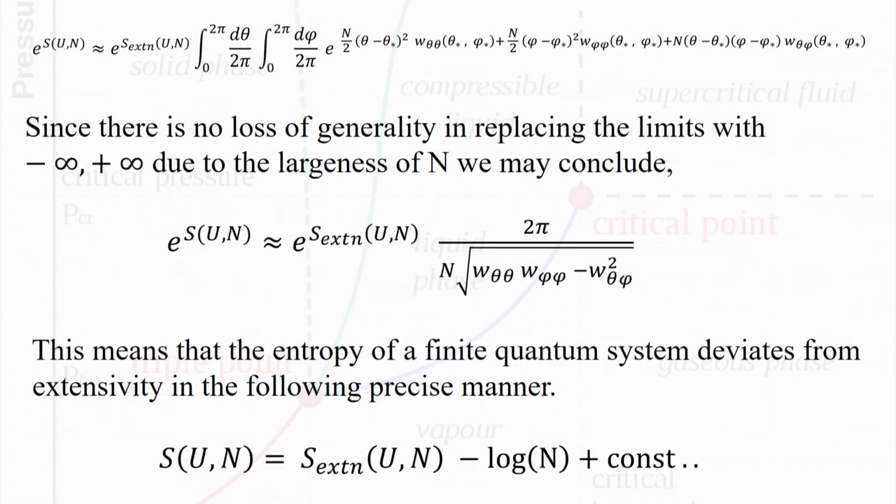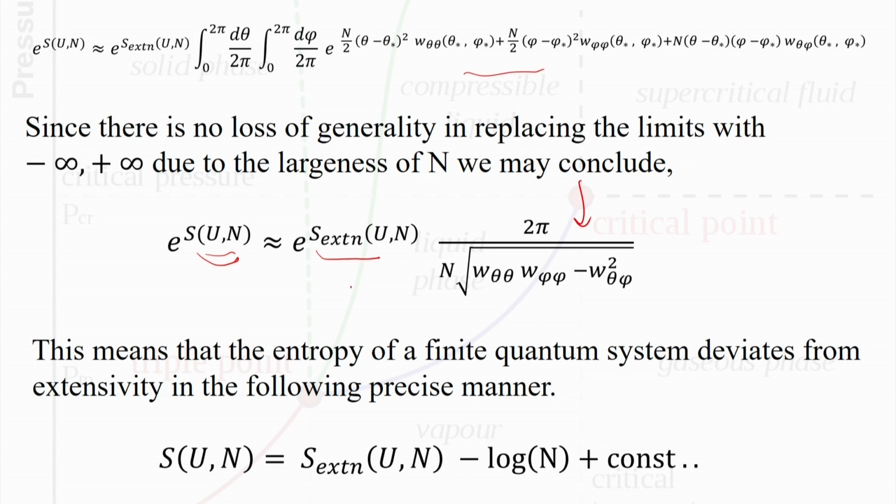Now we go ahead and proceed, and we see that we can evaluate this integral, and we end up with this. So when you take into account fluctuations, the bottom line is that the answer for the entropy including fluctuations is related to the answer for the entropy ignoring fluctuations, which is why I have called it with a subscript ext, meaning extensive entropy.